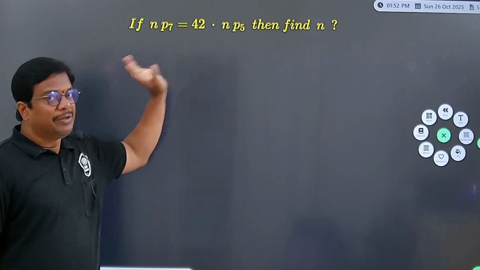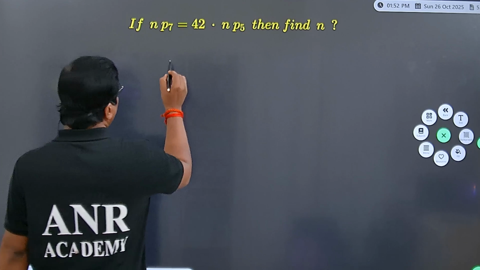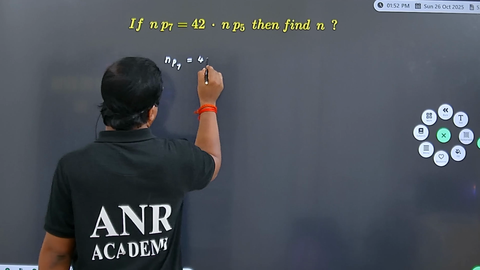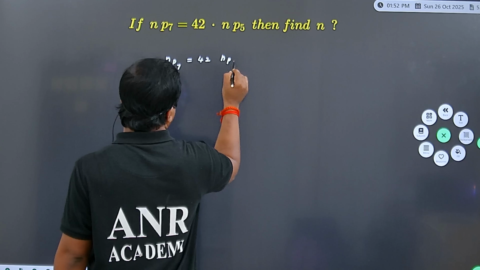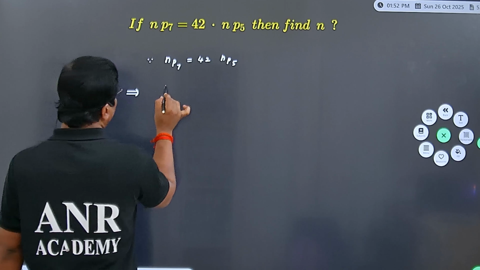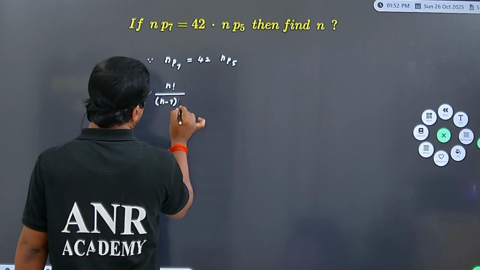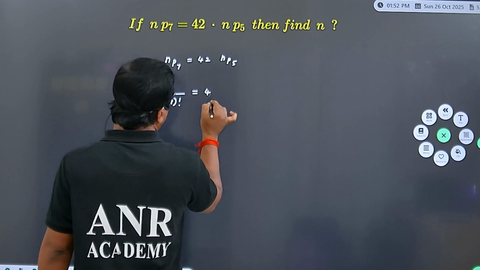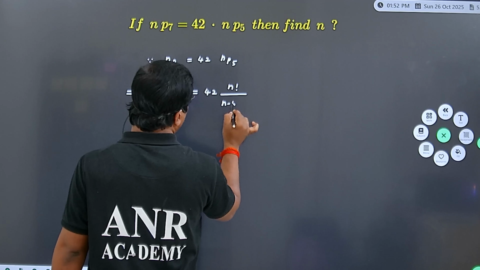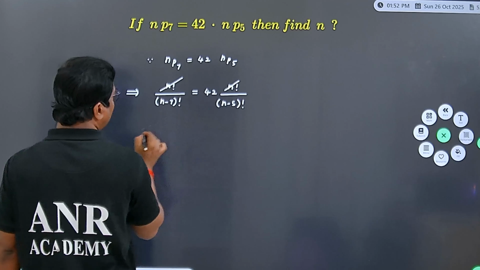nP7 is 42 into nP5, then find the value of n. nP7 is given by 42 nP5. Yes, nP7 is written as n! by (n-7)!. In the right hand side, 42 into n! by (n-5)! it is. n! gets cancelled.